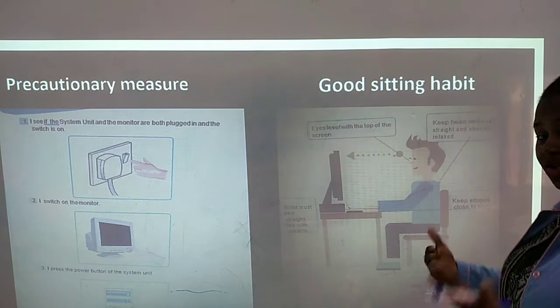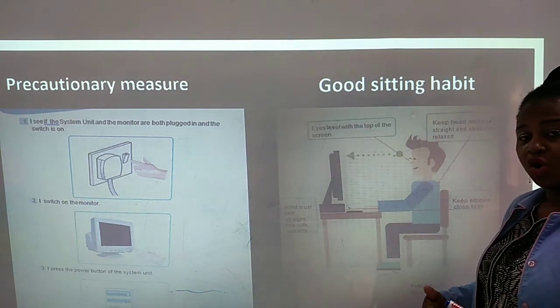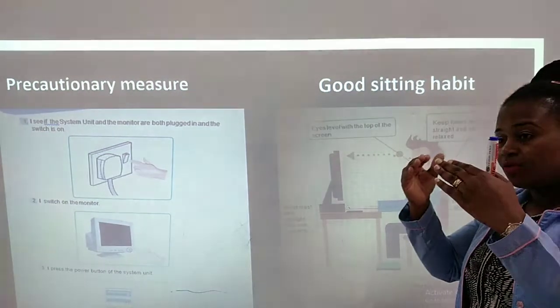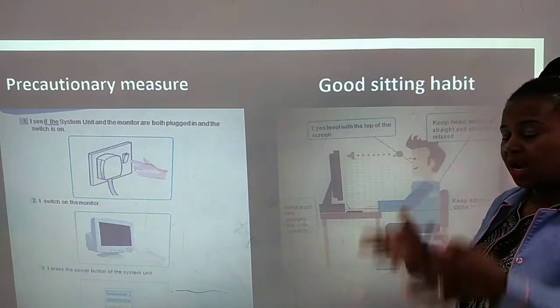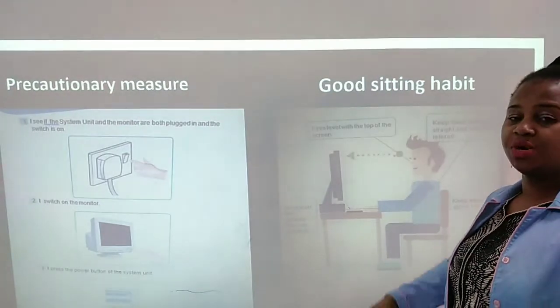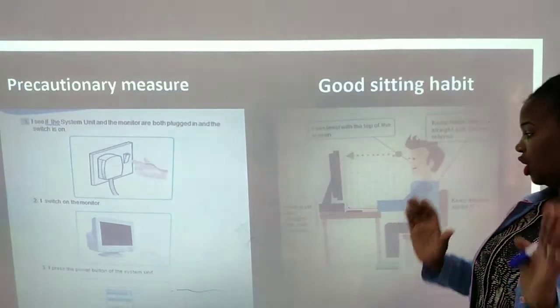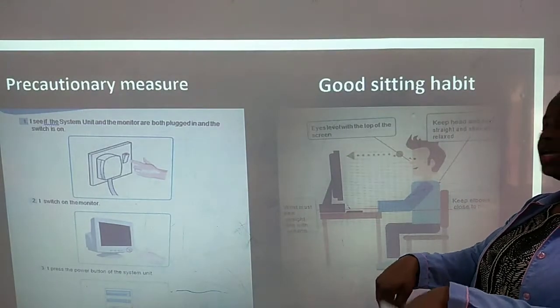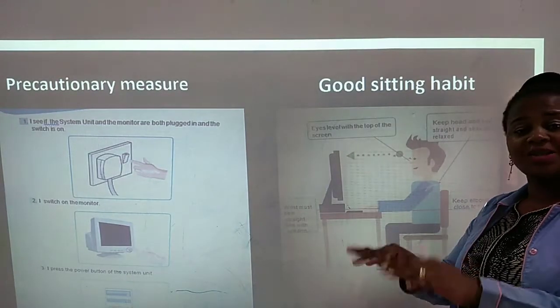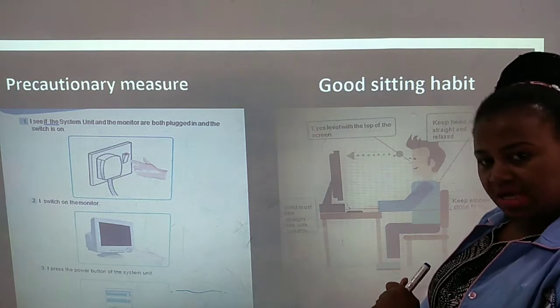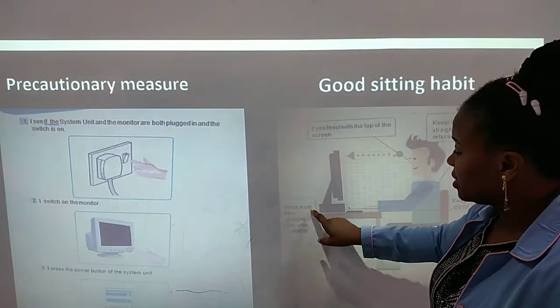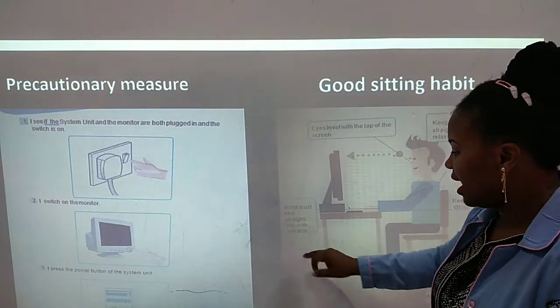When you sit working on your computer, your eye level will meet with your screen, and then your sitting posture will be a little bit chest out, your arms straight, and your wrist well positioned, so that when you type, it will be very easy for you. Now, see, your wrist must be in a straight line.